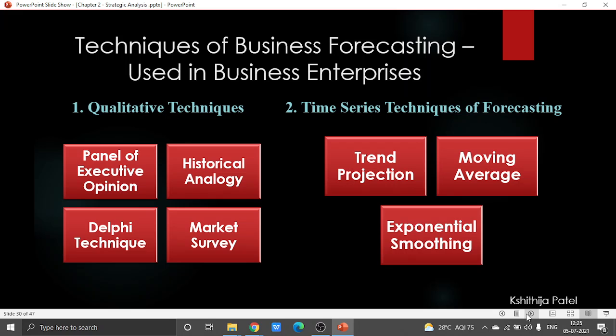One point to be discussed here is that this qualitative forecasting technique normally relies on individual judgment, or a group who has come together to take such a decision. It normally relies on their opinion.